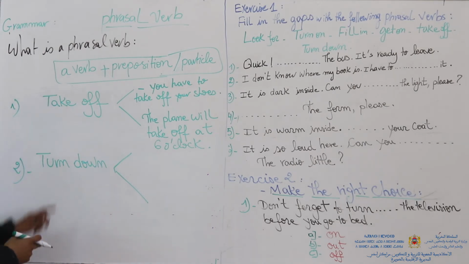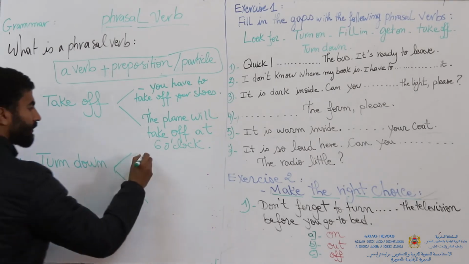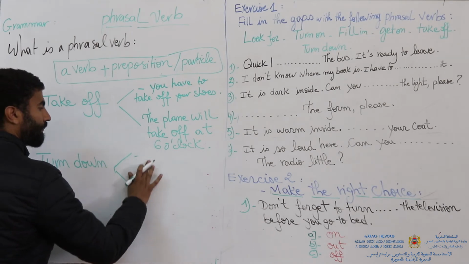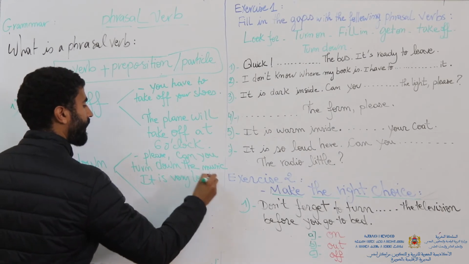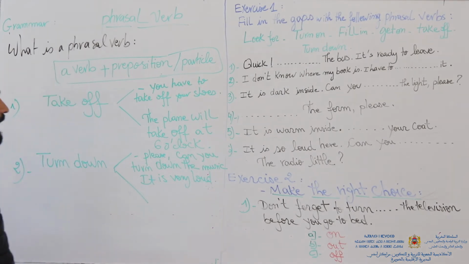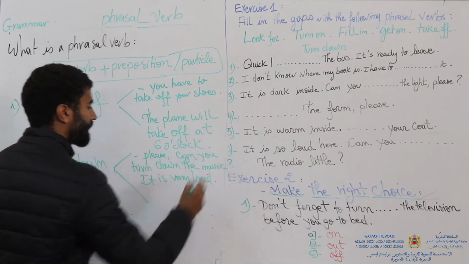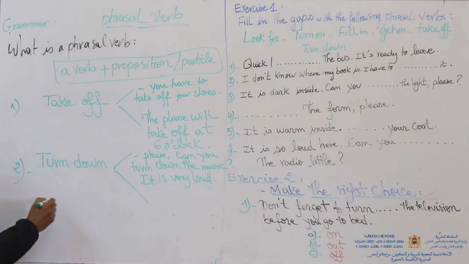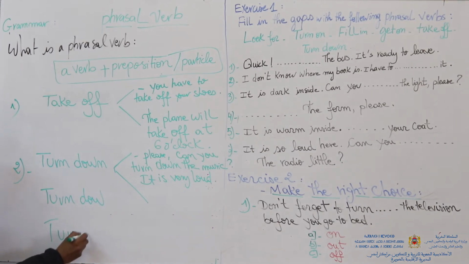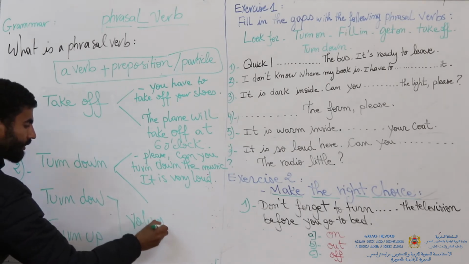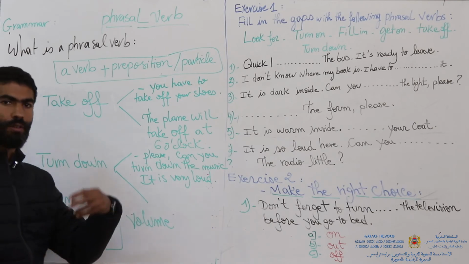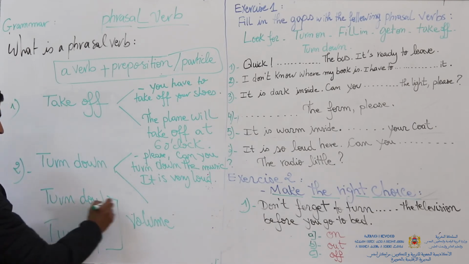Turn down. The phrasal verb turn down also has two meanings. For example, it is very loud. Please, can you turn down the music? Turn down and turn up always go with volume, the volume of the television or the radio.